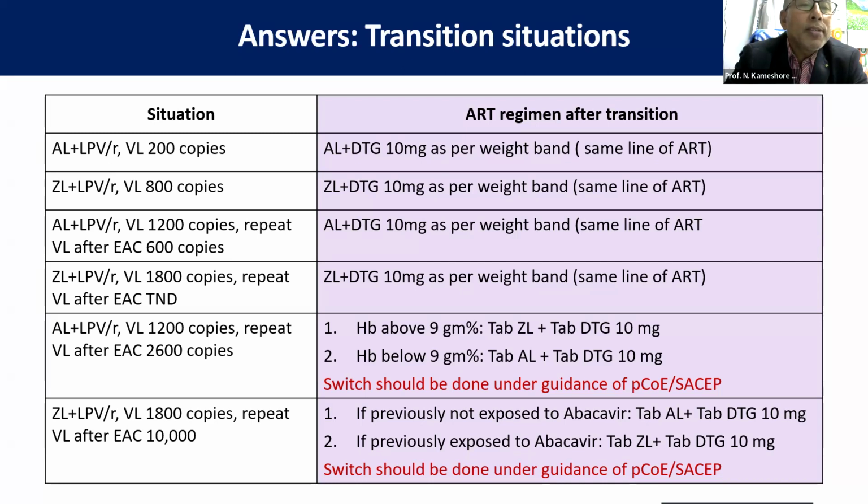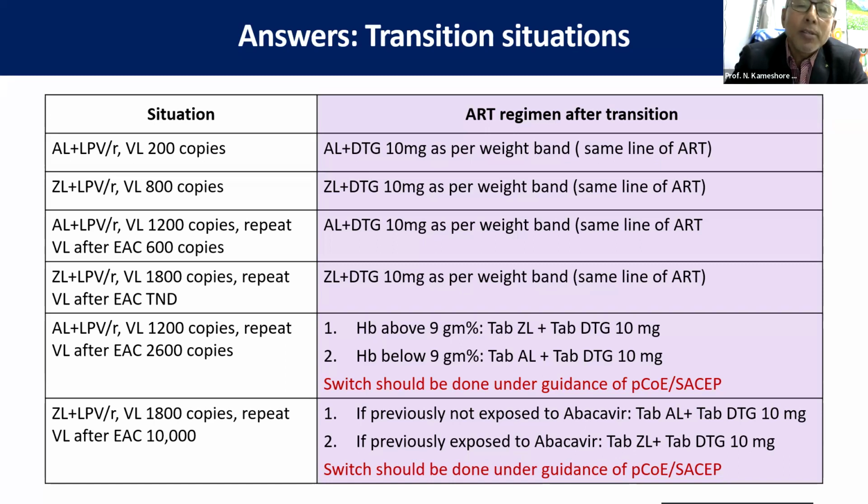And in the next situation, ZL and lopinavir, ritonavir, but viral load is 1,800 copies. As it is more than 1,000, we repeat viral load after EAC. And now the target is not detected. So we will continue ZL and transition lopinavir, ritonavir to dolutegravir.